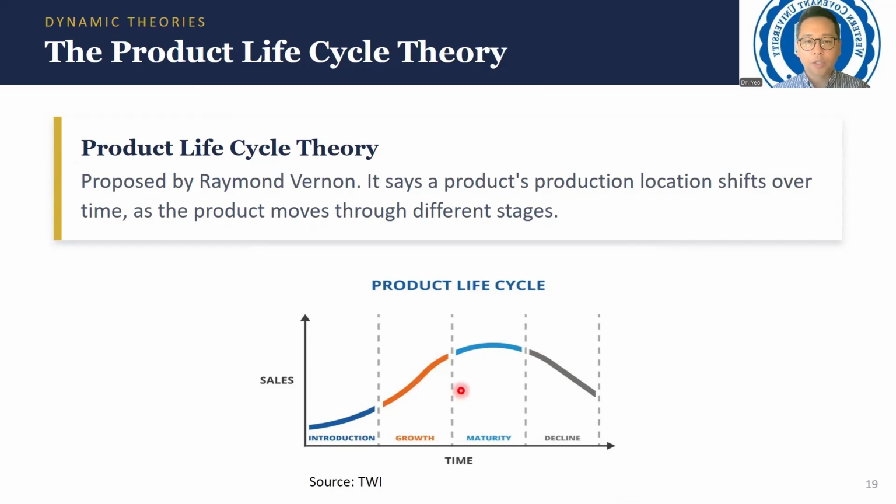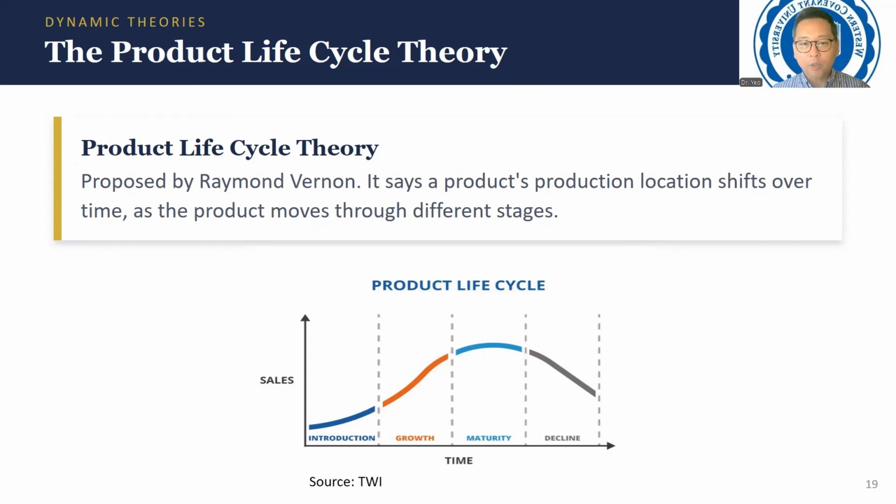Then we hit the maturity stage. Now the product is completely standardized because many manufacturers are making it and they know how to make it. It became not innovative, it became standardized. Everyone knows how to make it. The technology is not secret anymore.